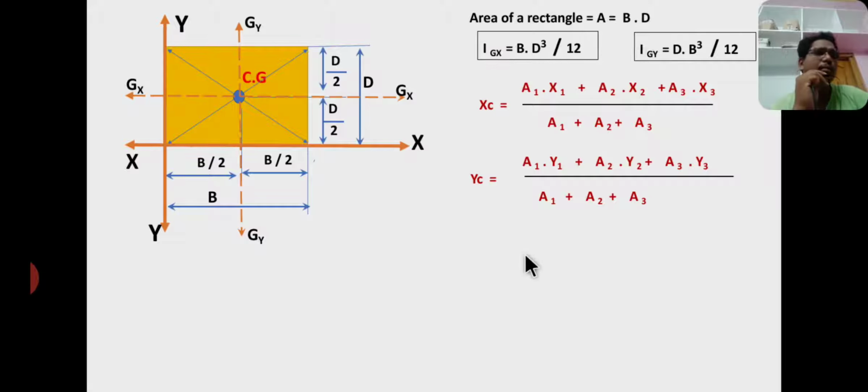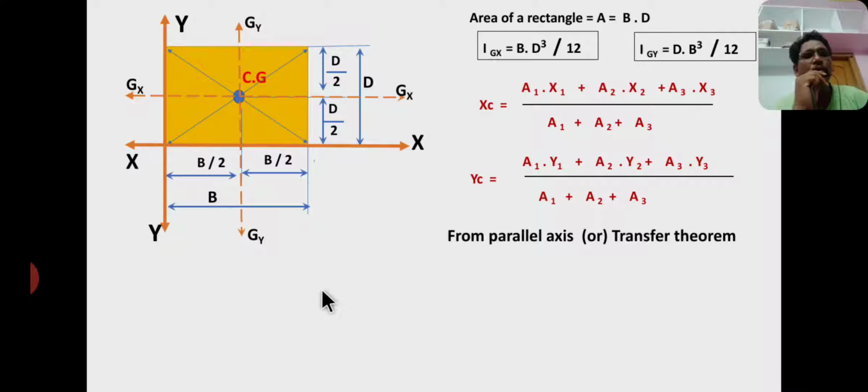For our problems we have to determine the area moment of inertia about the reference axes, that is Ixx and Iyy. Ixx, Iyy are called area moment of inertia about the reference axes. From the parallel axis theorem, the xx axis and Gx axis are parallel to each other. Similarly, the Gy axis and yy axis are parallel to each other. Therefore, here I consider the parallel axis theorem or transfer theorem.